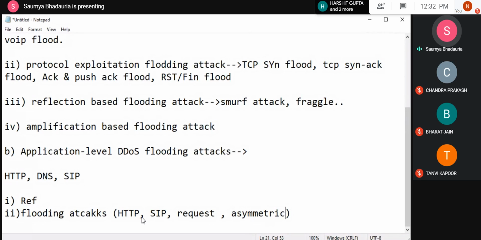So you're using an application level protocol, SIP, in a VoIP packet, which is part of your networking traffic.